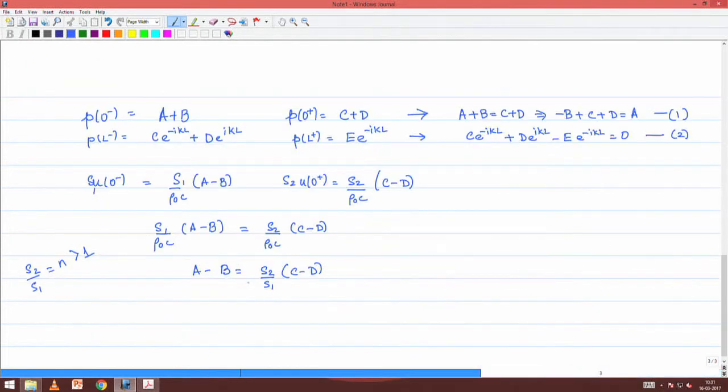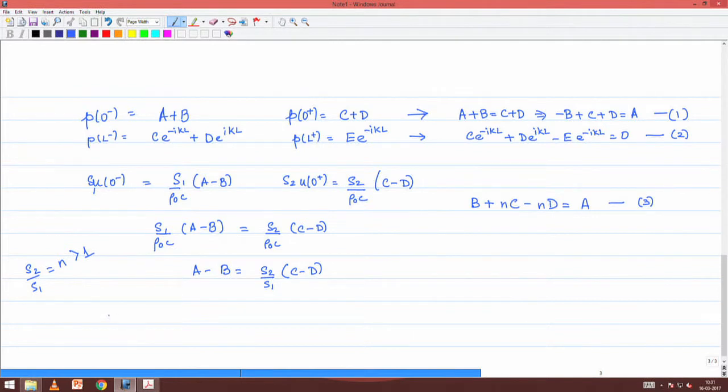So, we have A minus B as S2 by S1 into C minus D, which means the third equation could now be written as B plus N C minus N D should be equal to A. This is the third equation, right.